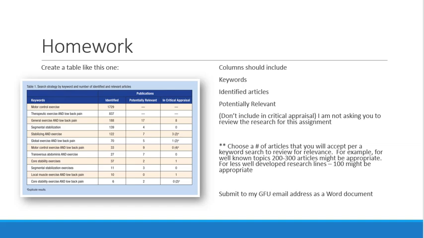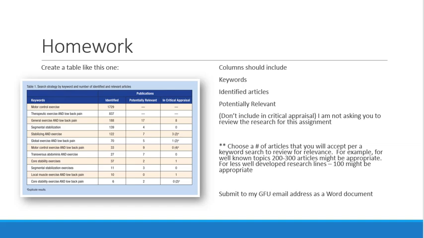So your homework, you're going to have your keywords, your identified articles, and potentially relevant. And again, don't include the "critical appraisal." Choose a number of articles that you would accept for a keyword search to review for relevance. So define that. Is it 200?